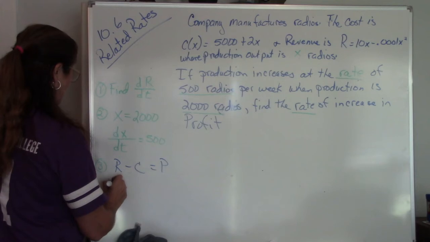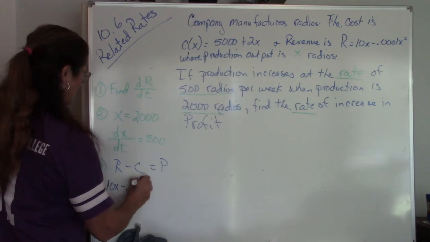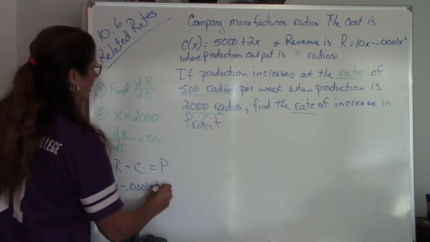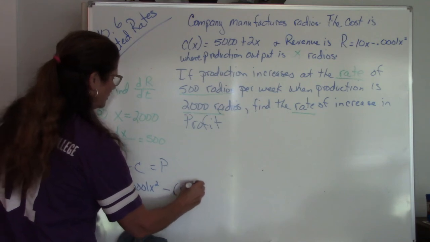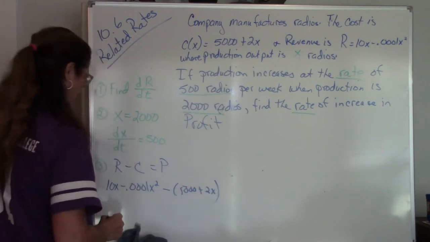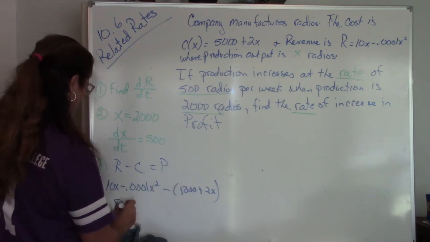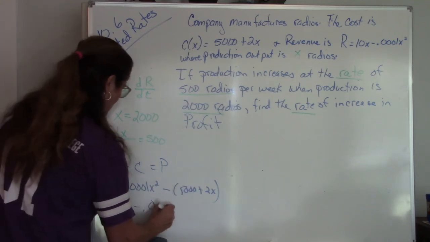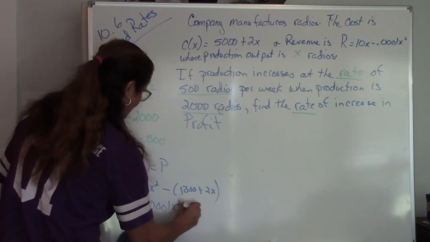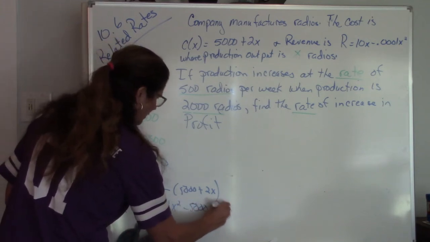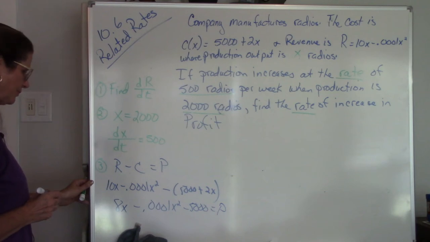So our revenue is 10x minus 0.0001 x squared minus the cost function. So we have 10x minus 2x, so we have 8x minus 0.0001 x squared minus 5,000. There's your profit function.